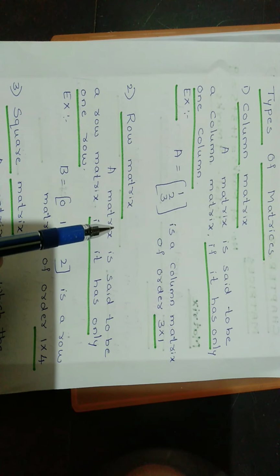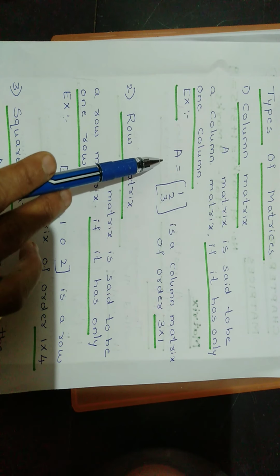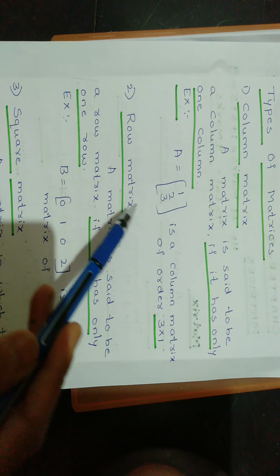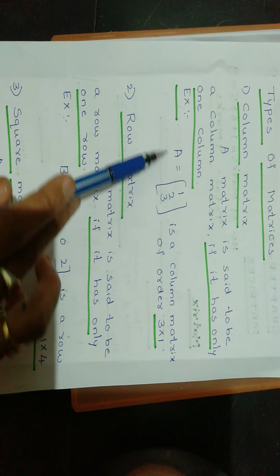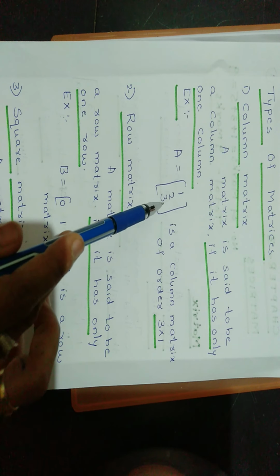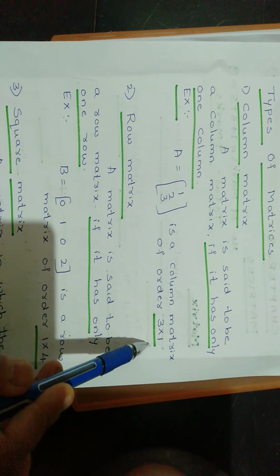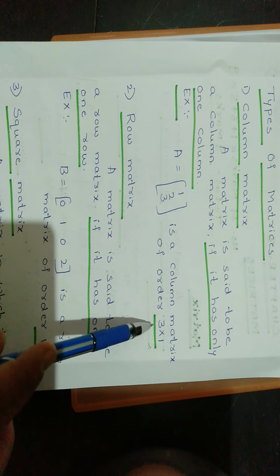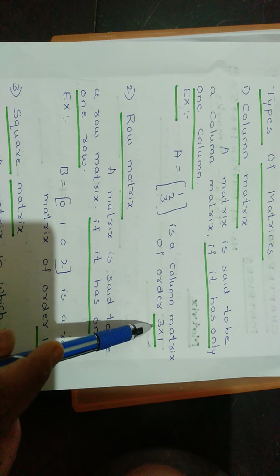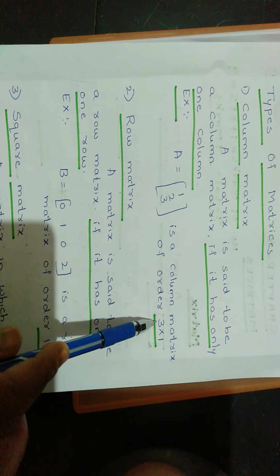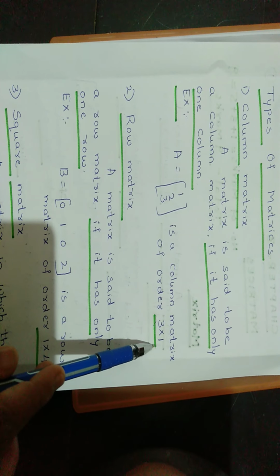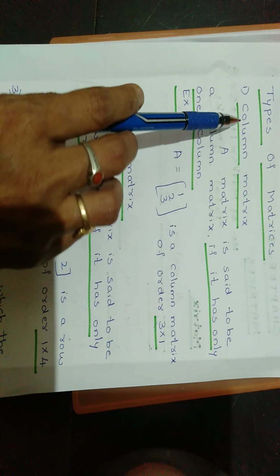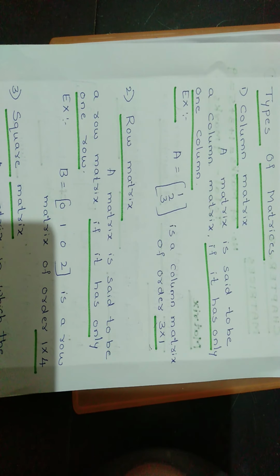Example: A is equal to 1, 2, 3 is a column matrix, and its order is 3 cross 1. 3 is the number of rows, and only one column is there, so we call it a column matrix. Understood all of you? Okay.